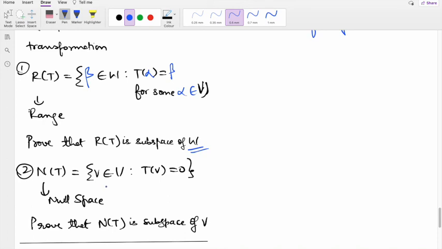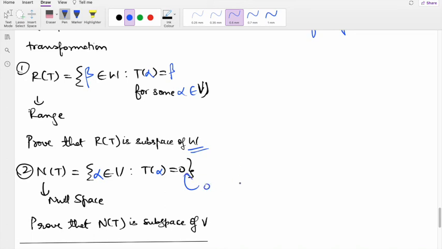Here the null space of a transformation T is defined like this: for any vector alpha in V, if by applying the transformation T you reach the zero vector, and this zero vector is, by the way, the zero vector of W.